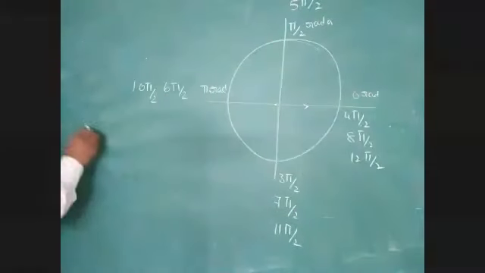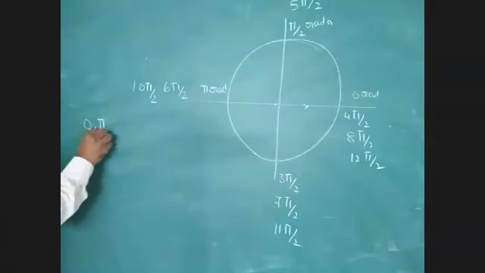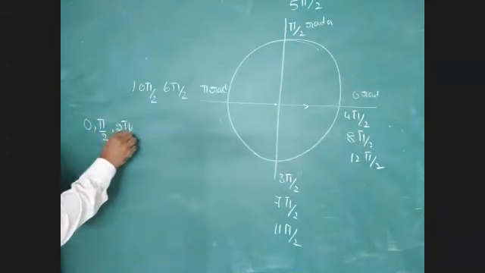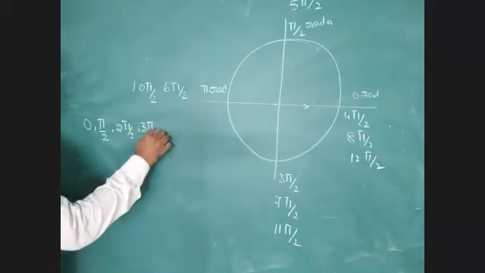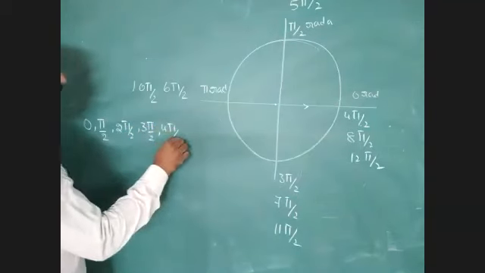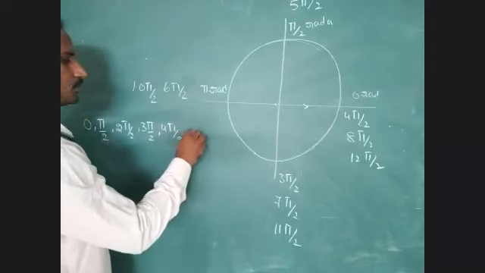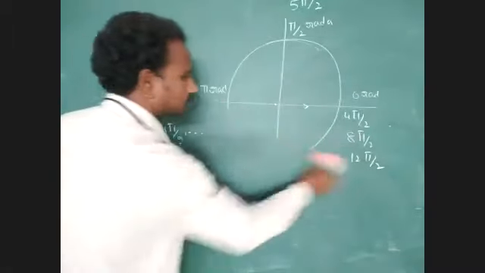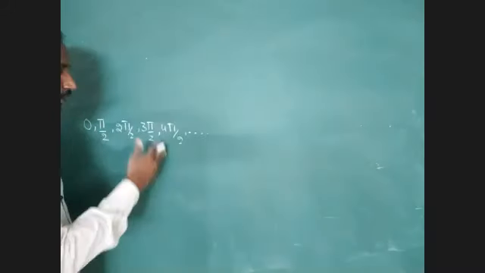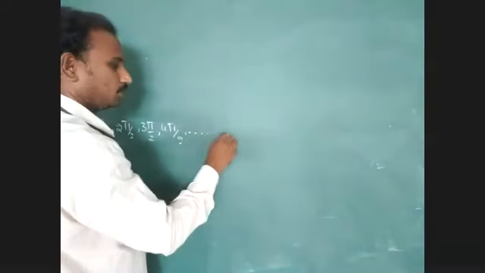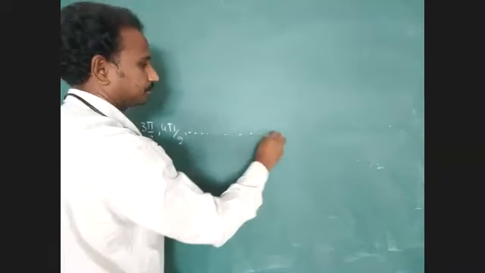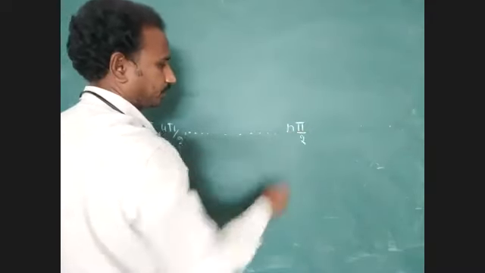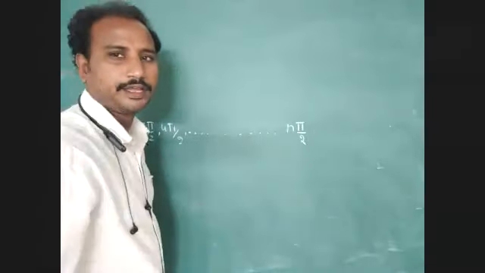First we can identify 0 radian, pi by 2 radian, 2 pi by 2 radian, 3 pi by 2 radian, 4 pi by 2 radian, and so on up to n pi by 2 radian. We have to identify this point. What is the least value of n pi by 2 radian?